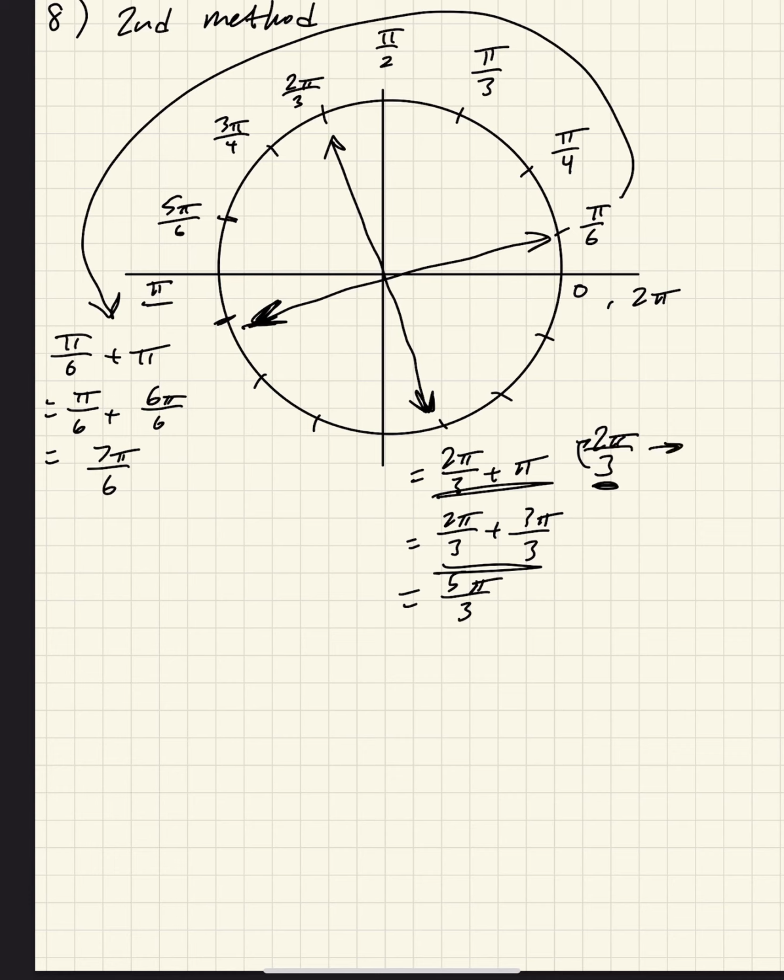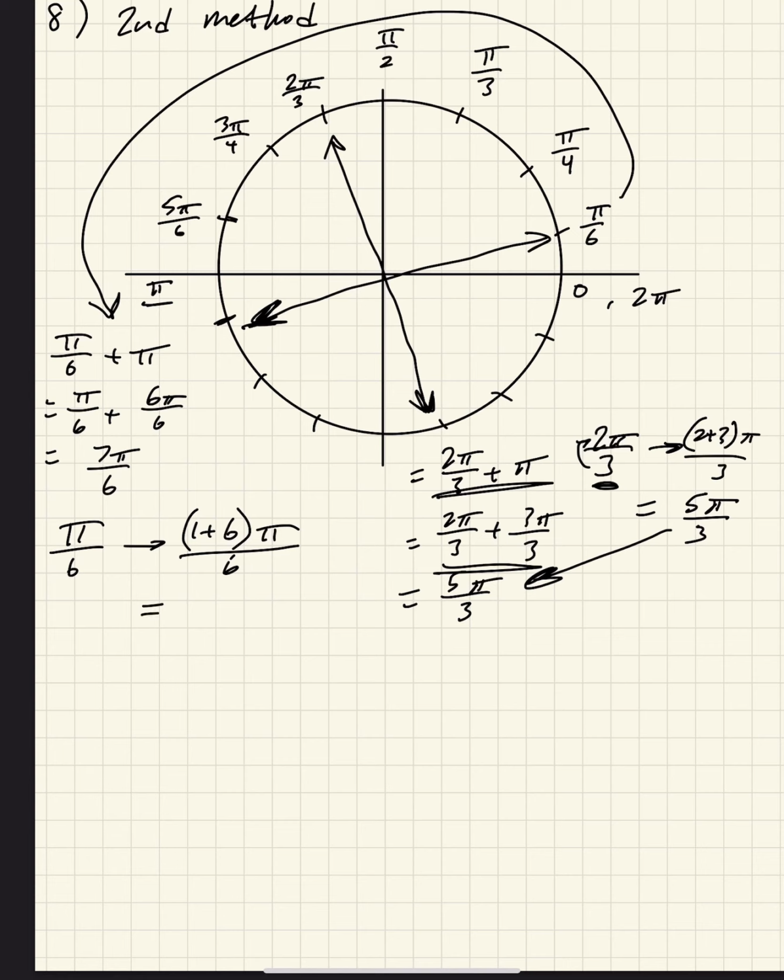So we're going to say 2 plus 3 pi over 3, and that's going to equal 5 pi over 3, just like we did right here. It's going to give us the same answer. And similarly for pi over 6, if we add the denominator to the numerator, we're going to get 1 plus 6 pi over 6, which is going to equal 7 pi over 6, exactly what we got.